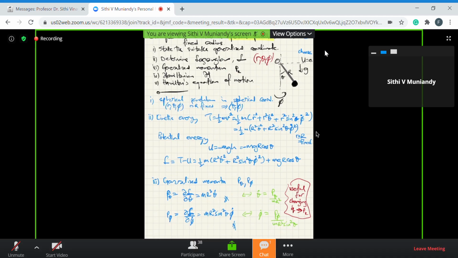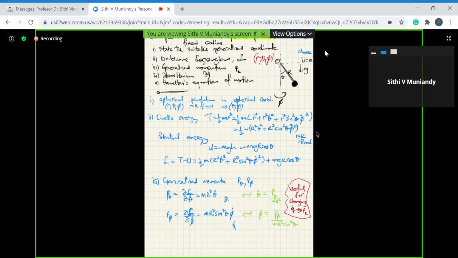They won't appear in the equation of motion. If it's on a fixed radius, for example, this fixed radius will be the capital R, so it becomes a constant. Therefore, there won't be an equation of motion for a constant. So ultimately you only have these two as the equations of motion.